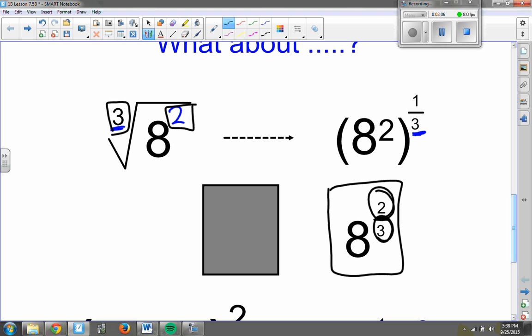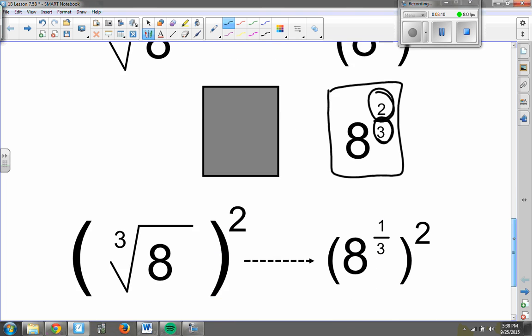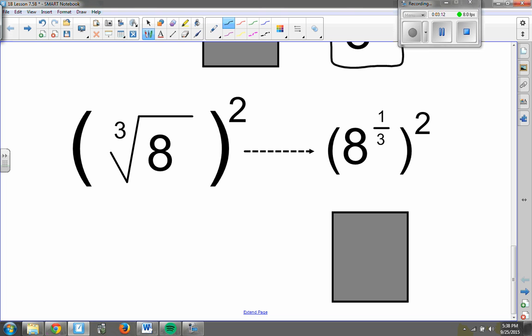Let's look at one more very much related example. Now I'm doing the third root of 8 in parentheses, and then taking all of that to the 2nd power. In the parentheses, the third root of 8 is 8 to the 1/3 power, and I'm still raising to the 2nd.